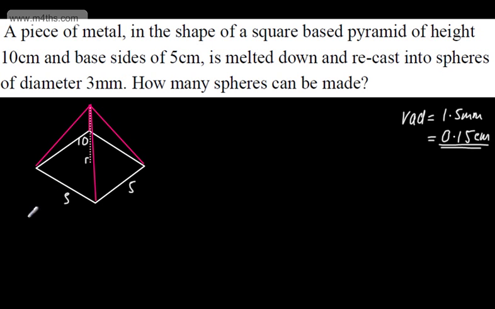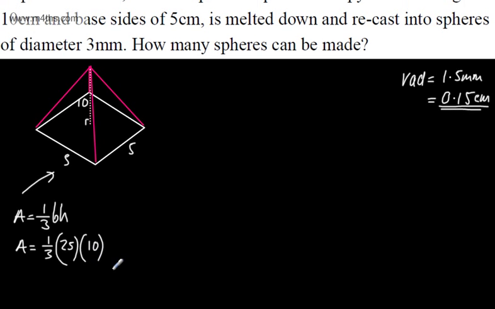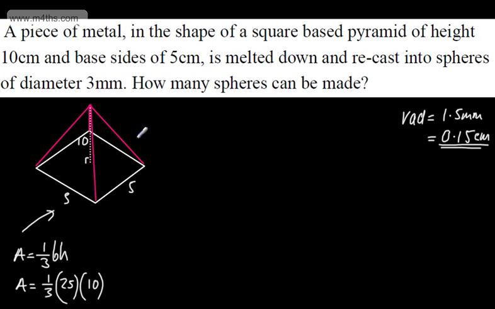To find the volume of this one right here, we can say that it is going to be 1/3 the base area multiplied now by the height. So we're going to have 1/3 of the base area. Well, the base area is going to be 5 by 5, which is 25, multiplied by the height, which is 10. So we can say now that we want the volume.